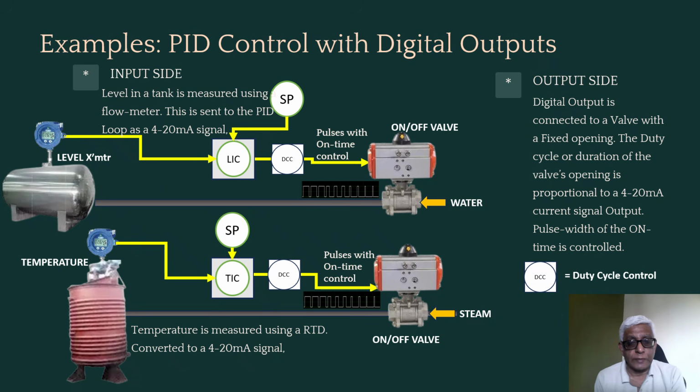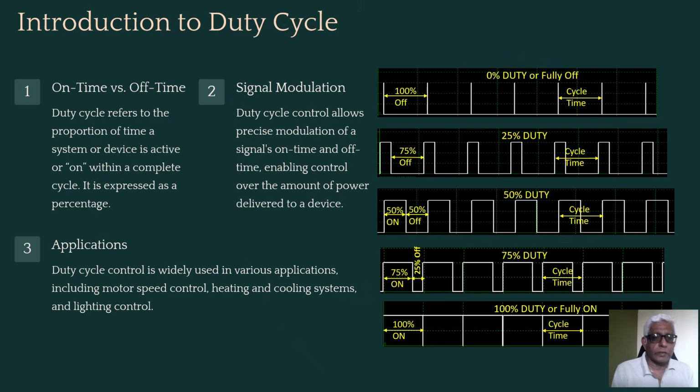Alright, in the second example, we control the same way. There is no control valve which continuously supplies heat, but the steam flow is interrupted. Okay. The only difference here is that you need a functionality called a duty cycle controller, which determines the duty cycle, or how long the valve should remain open or closed.